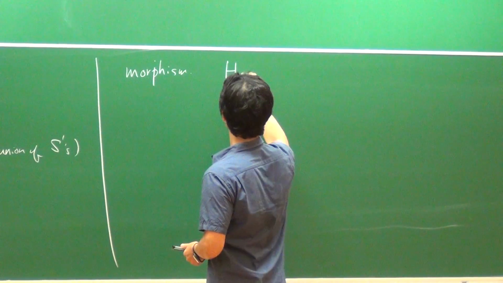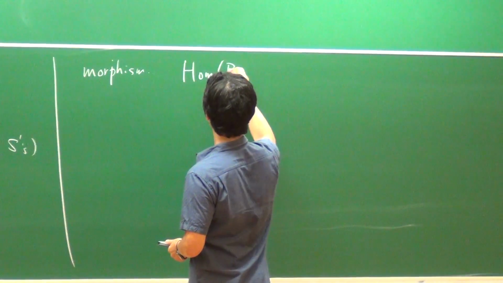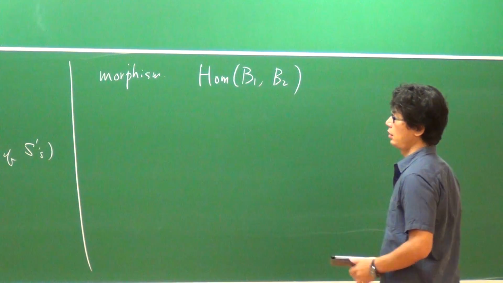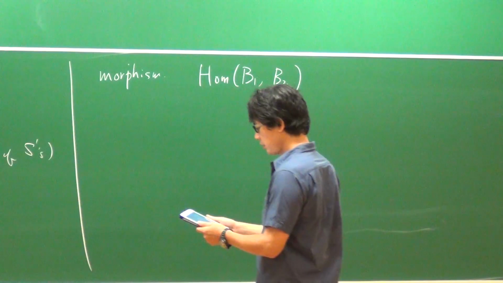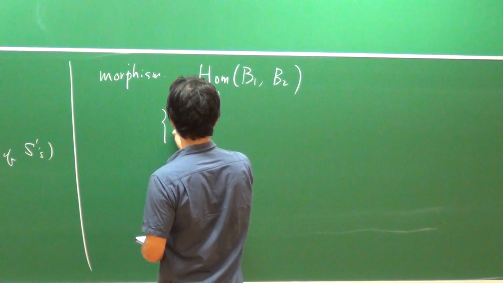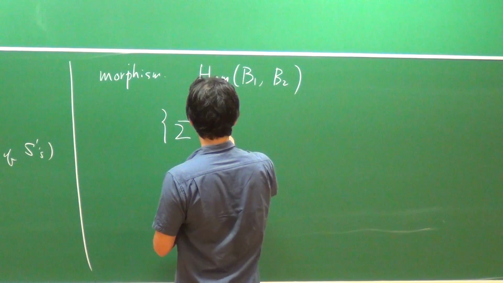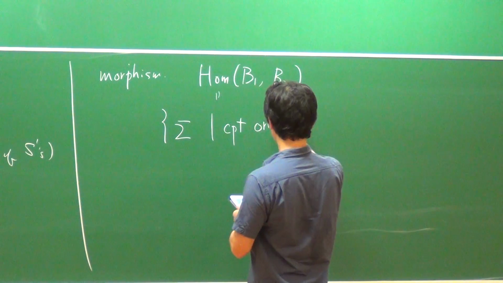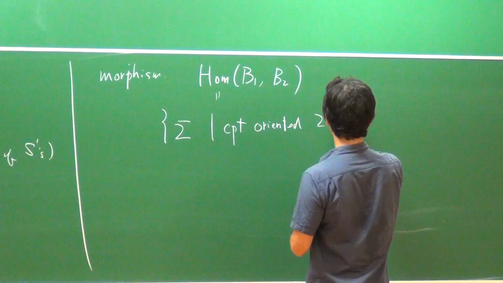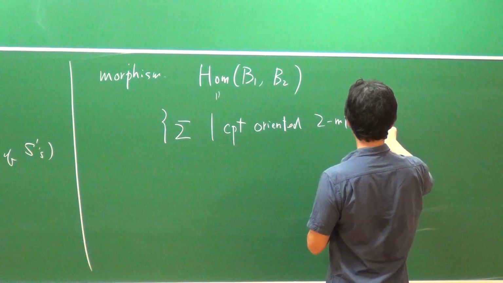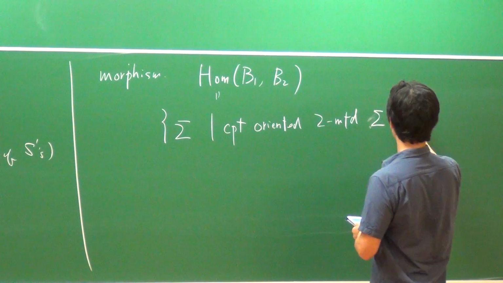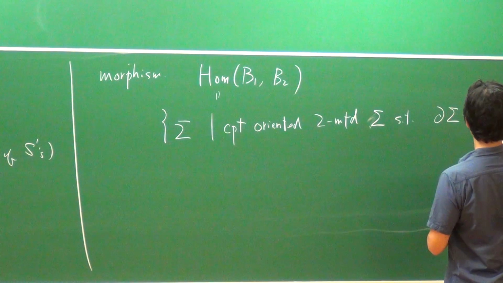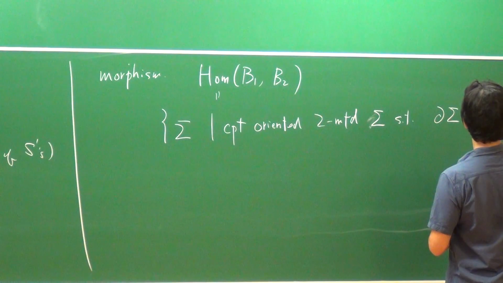are often described as cobordisms between one-manifolds. So this is a compact oriented two-manifold Sigma such that the boundary is the given circles.